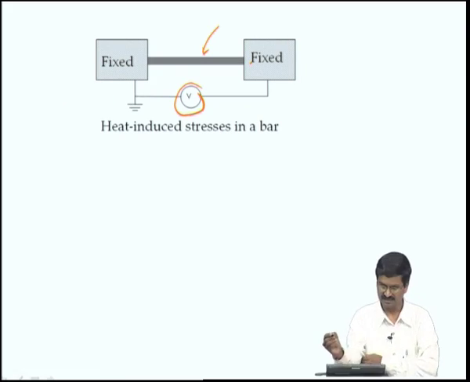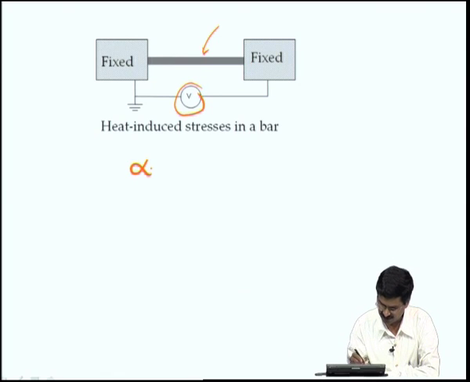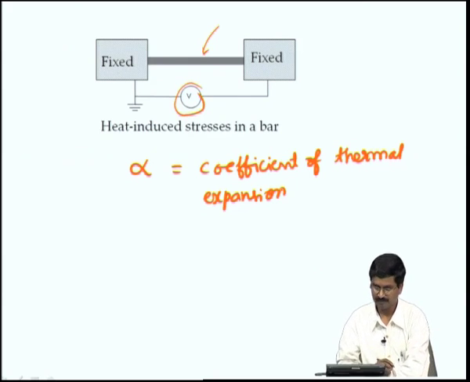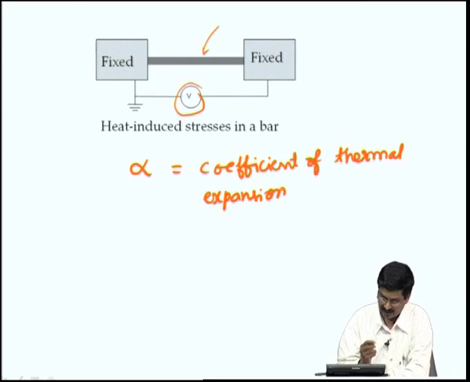That expansion is given by a quantity denoted by alpha, which is the coefficient of thermal expansion. This gives you the change in length or expansion of a certain material per unit length per unit temperature raise.